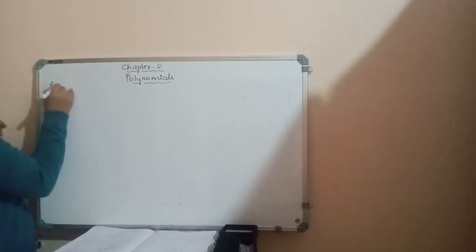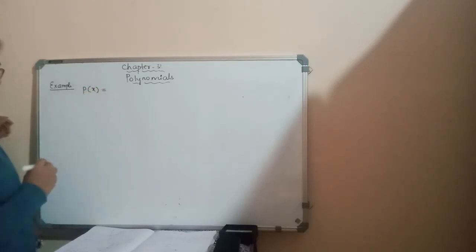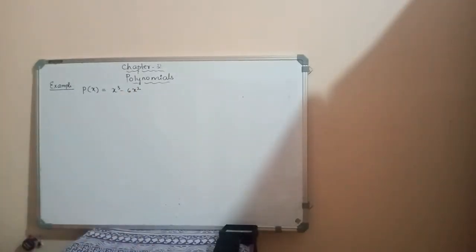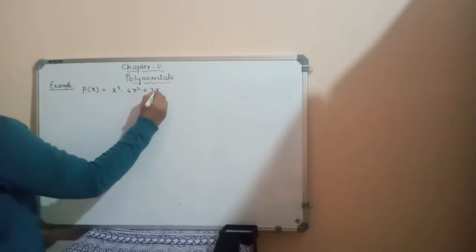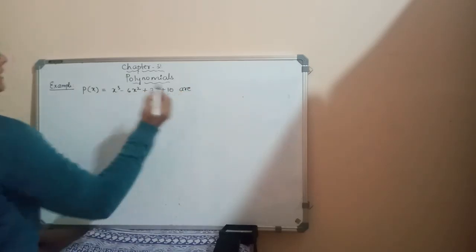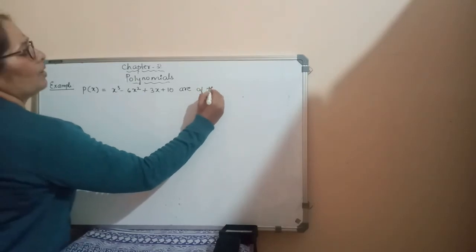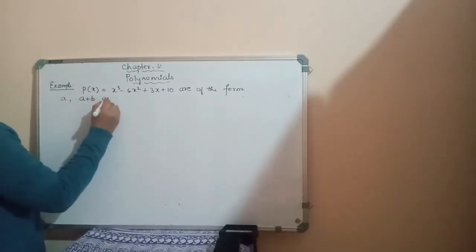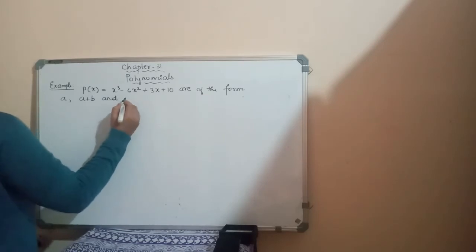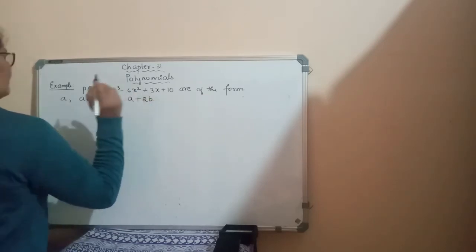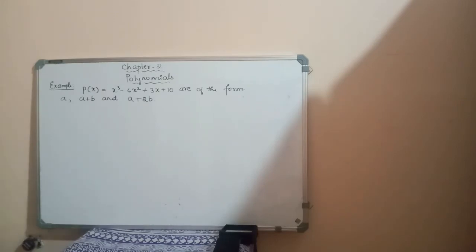First example. The zeros of the cubic polynomial x cube minus 6x square plus 3x plus 10 are of the form a, a plus b and a plus 2b, where a and b are some real numbers.